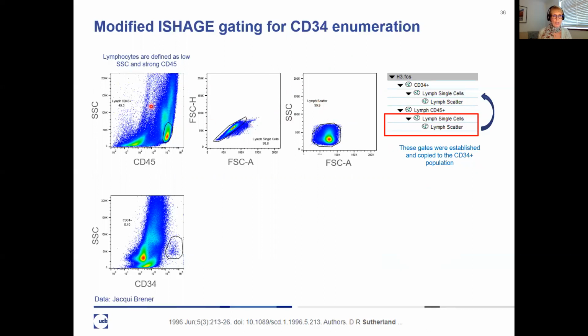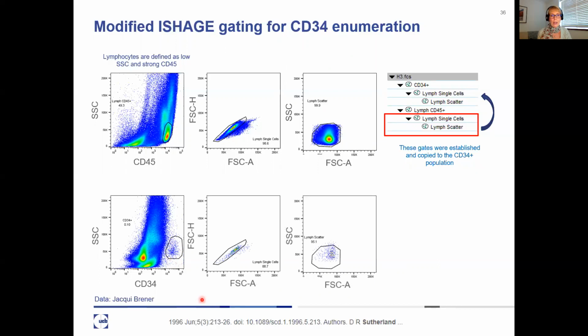We're looking at CD45 positive leukocytes here, and then we set up a gating strategy on lymphocytes, and then we copy that strategy and apply it to stem cells. And in this instance, we're using CD34 as a marker of stem cells, and you can see the little guys have popped out here. We apply this established gating regime to this.